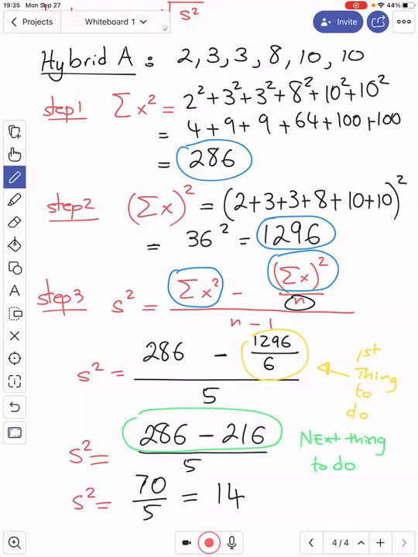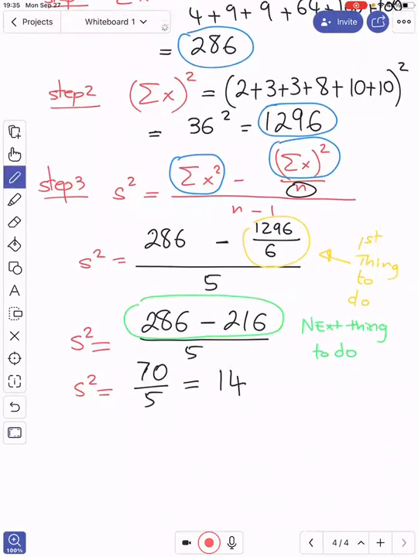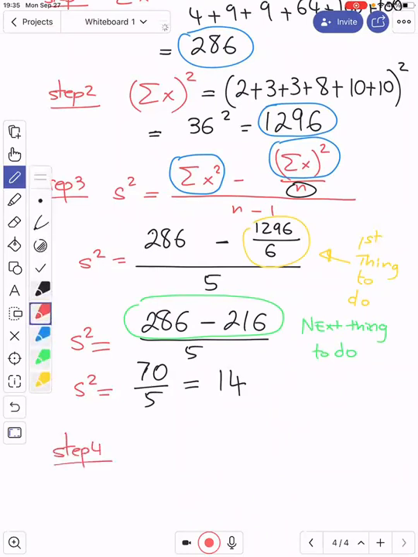Now the standard deviation, so find the answer. The standard deviation, step number 4. Your S, your standard deviation, is just the square root of this S squared.